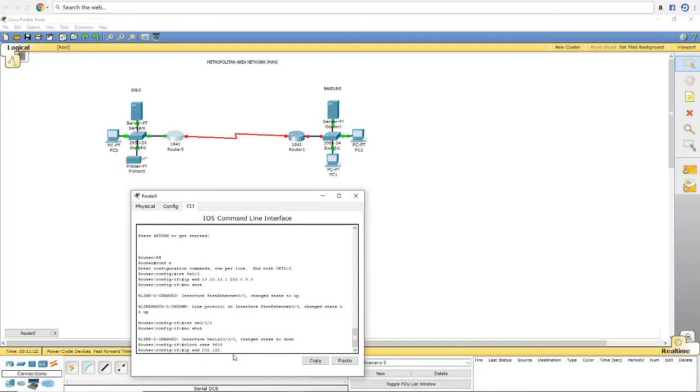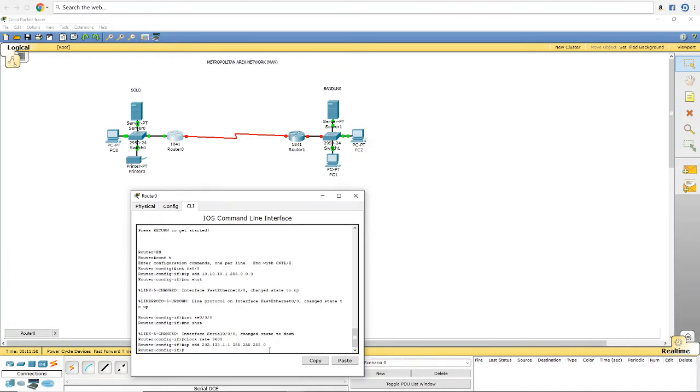We are using a class C IP address with the number 202.132.1.1. This is an IP address for class C with a different network ID. Enter and then no shut.